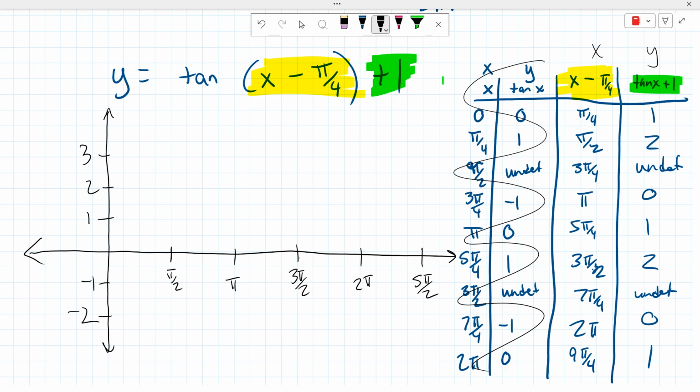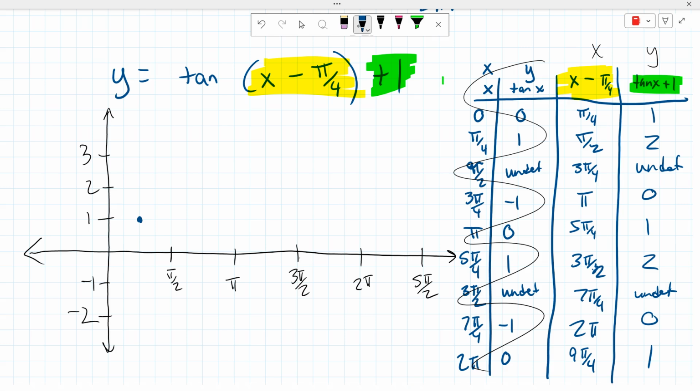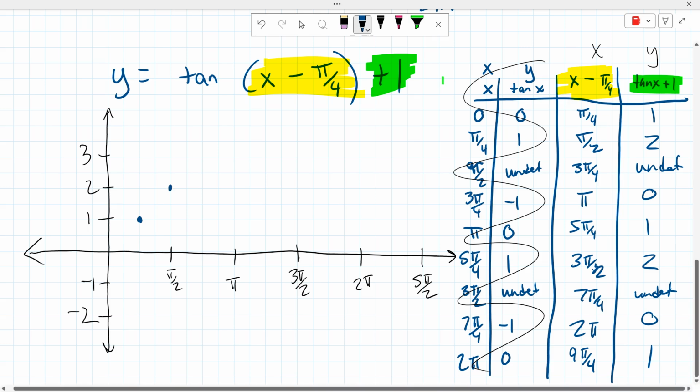So I am going to graph pi over 4, which is right there, 1. And then pi over 2, 2. 3 pi over 4, undefined. Pi, 0. 3 pi over 4, 1.